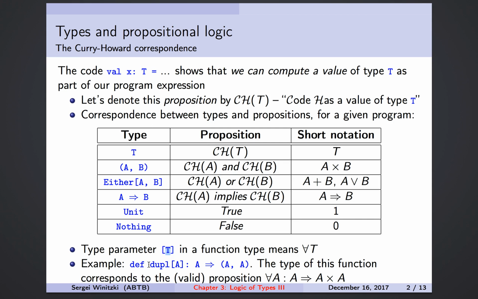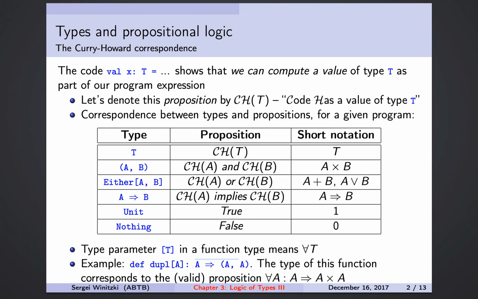Here's an example. This function in the Scala syntax takes a value of type A and returns a tuple having two values of type A. Now, the type of this function is this expression: for all types A, because A is a type parameter variable, we have this function type.